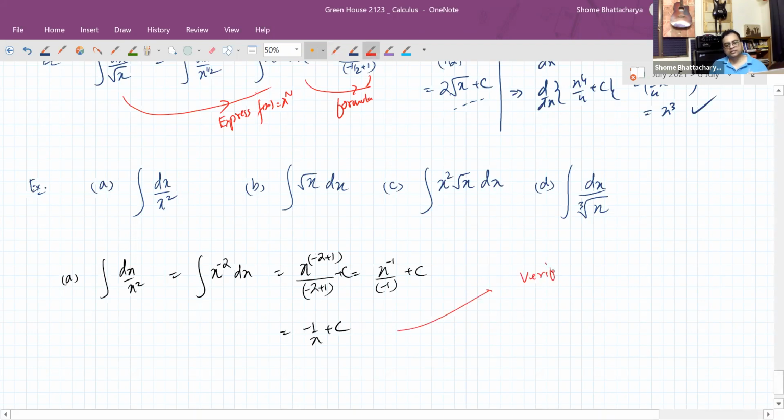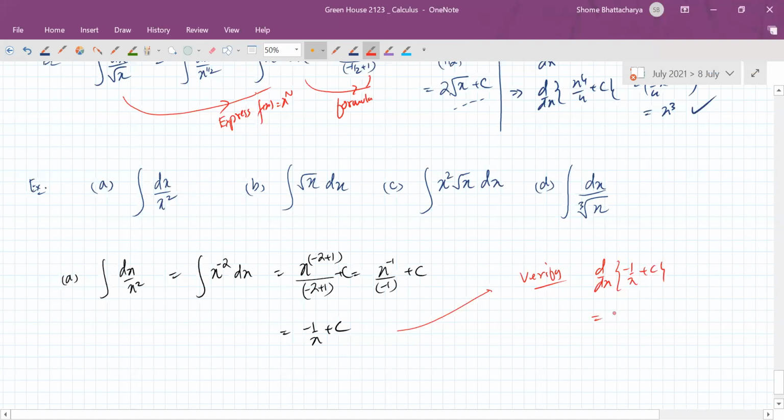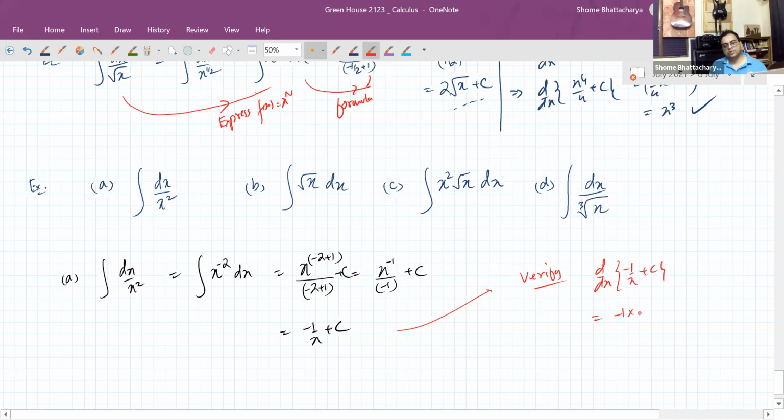If you're having some doubt after doing the question, you can always verify whether we have solved it correctly or not. So differentiation of minus 1 by x is minus 1 into minus 1 into x to the power minus 2. So that's 1 by x squared. So that's fine.